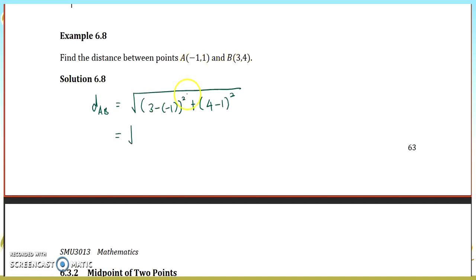The difference between x components is 4 squared, and for y components is 3 squared. So we get the square root of 16 plus 9, which is the square root of 25. Therefore, the distance between these two points is 5 units.